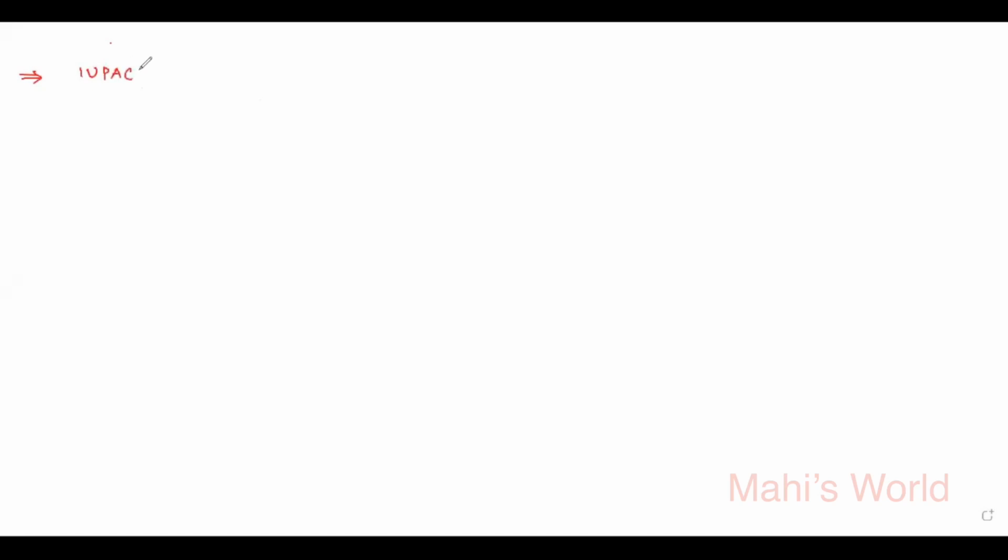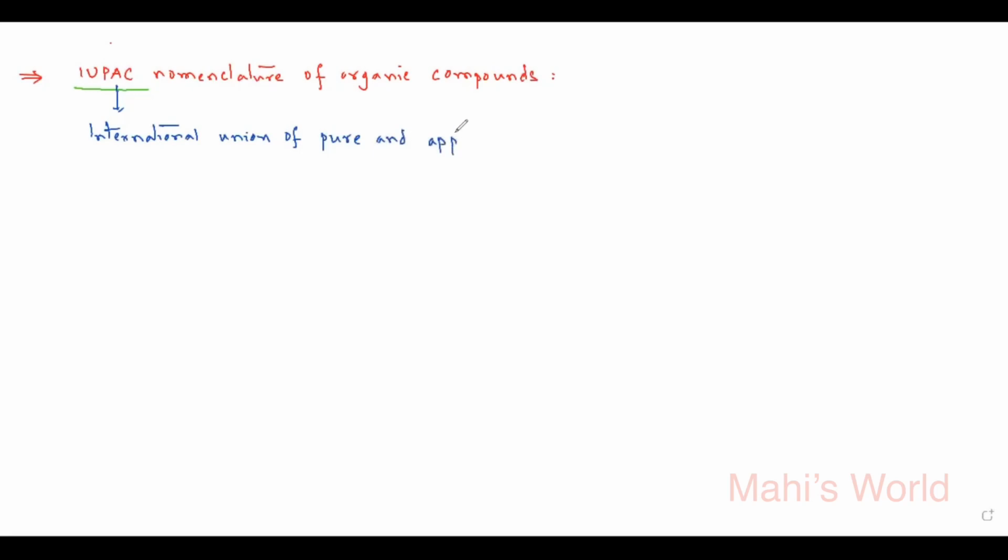Okay, let us now go for the IUPAC nomenclature of organic compounds. First of all, what is IUPAC? This actually stands for International Union of Pure and Applied Chemistry.